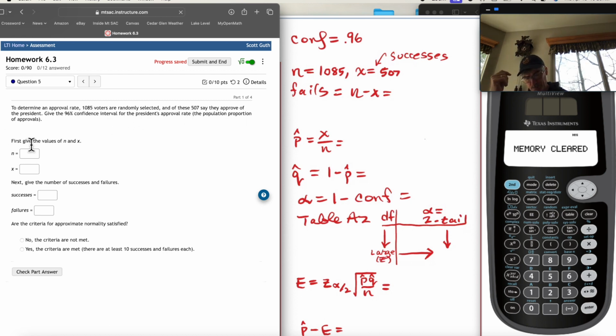Okay, so we can start putting in some numbers. So N was 1085. X is 507. Okay, and so that's 507 is always the number of successes. X is the number of successes. And the failures, we'll have to do n minus x.